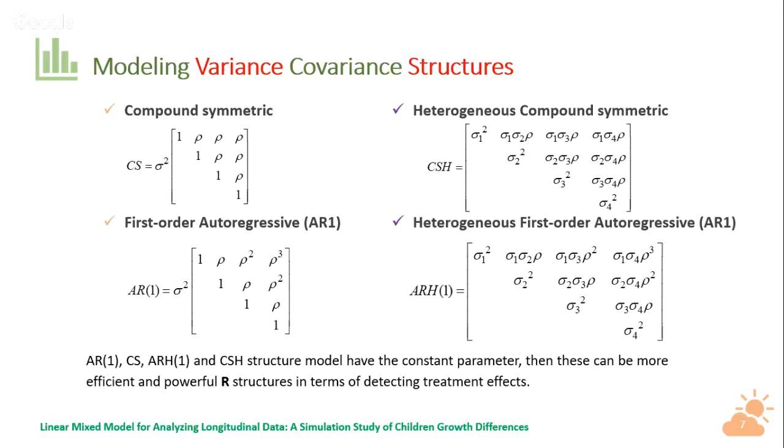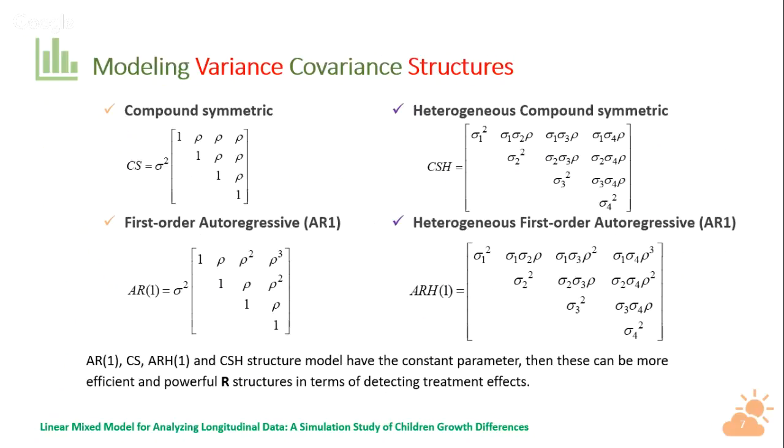The difference between compound symmetry and heterogeneous compound symmetry is the value in the main diagonal: the main diagonal of heterogeneous compound symmetry is sigma squared 1 for the covariance from the error in subject 1, and sigma squared 2 is the variance from subject 2.